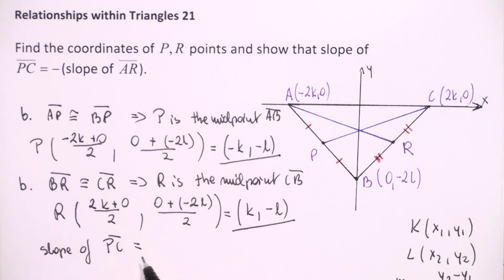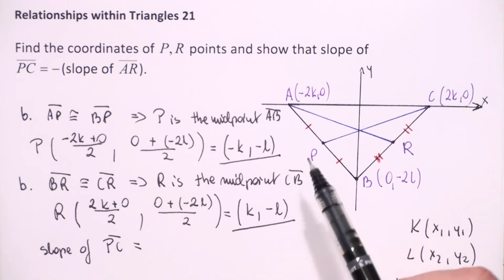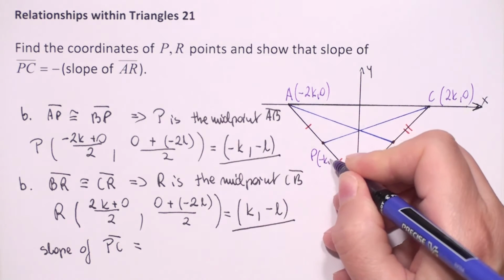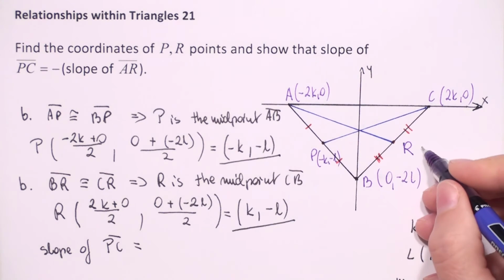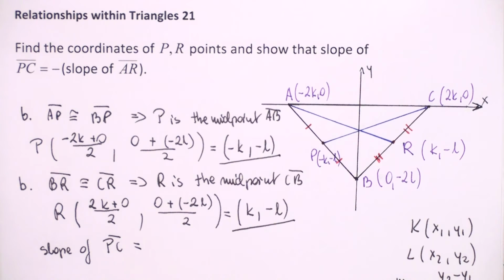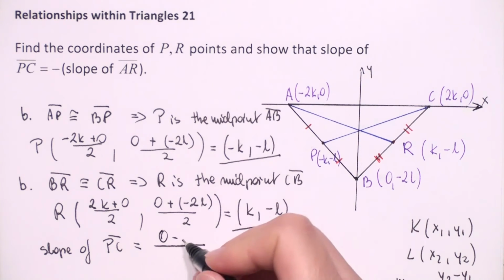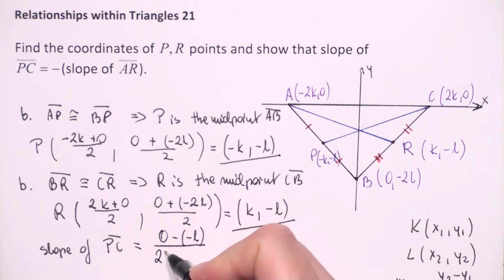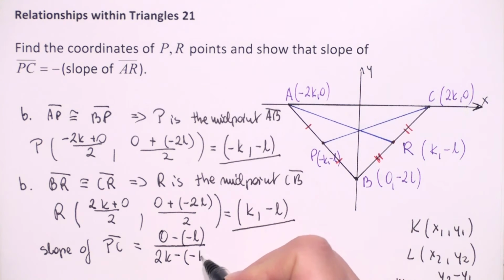So we have PC. P has coordinates negative k, negative L, and R has coordinates k, negative L. So in the numerator we will have 0 minus negative L, and in the denominator we will have 2k minus negative k.